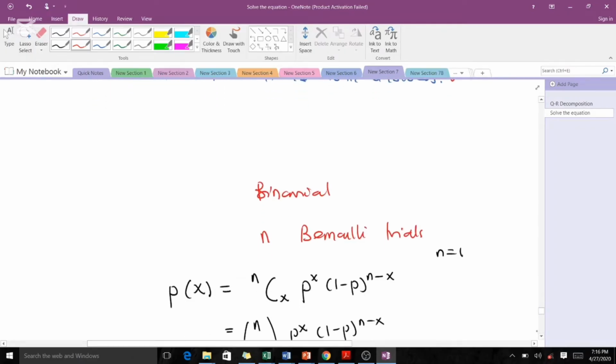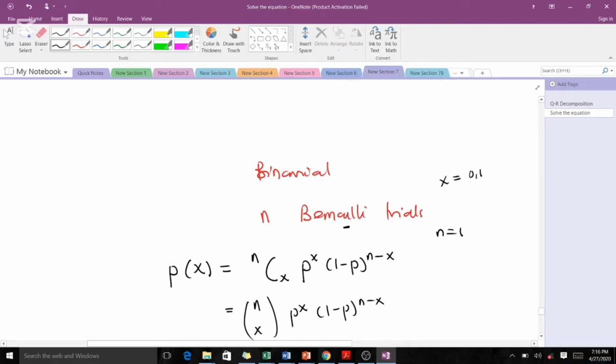So when you talk about binomial distribution, it's just about a sequence of n Bernoulli trials, where we have these formulas. The trial has two outcomes, a success and a failure, and the x takes binary values, zeros and ones.